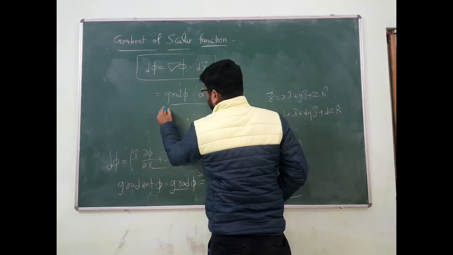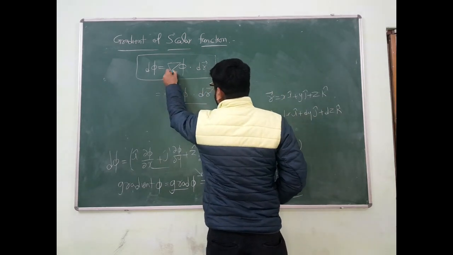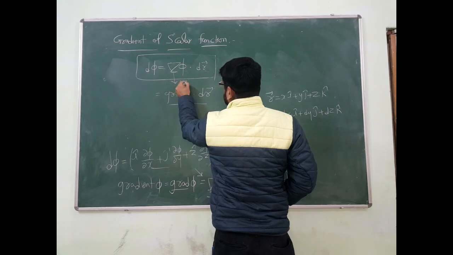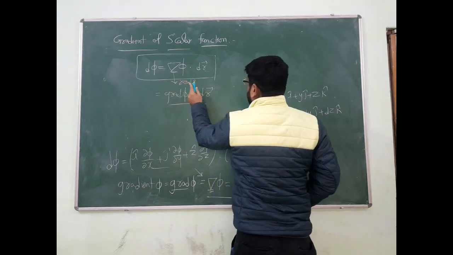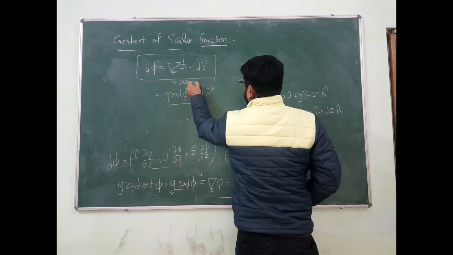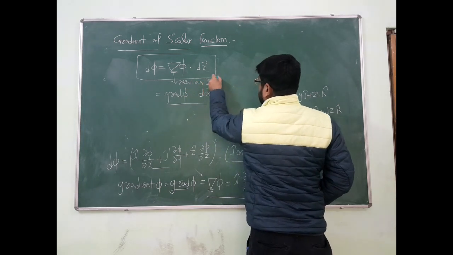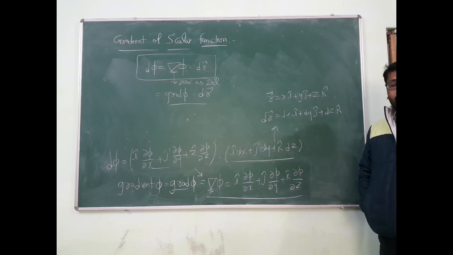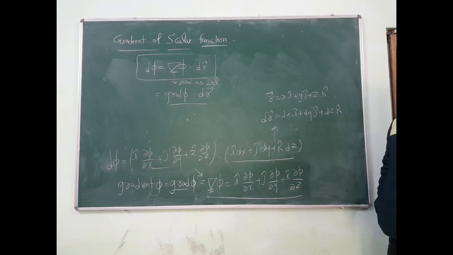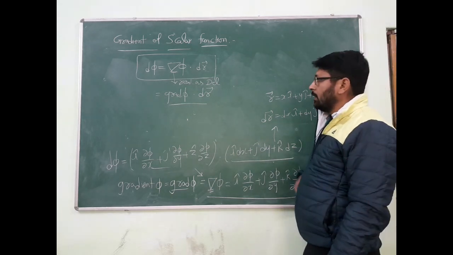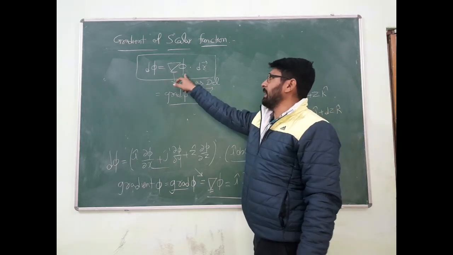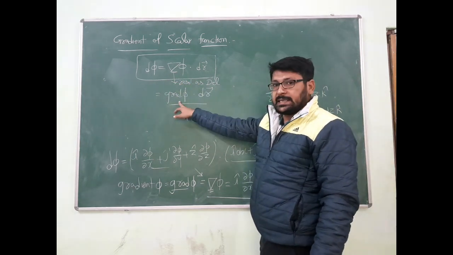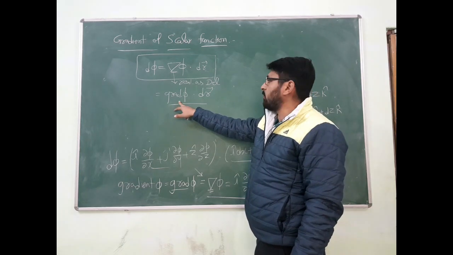This symbol is read as del. This is the del operator, and del phi is nothing but grad phi, or gradient of phi.